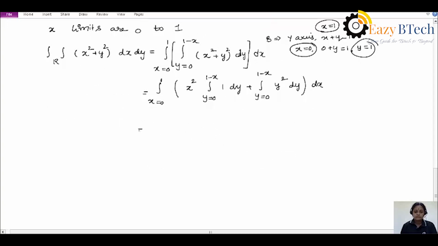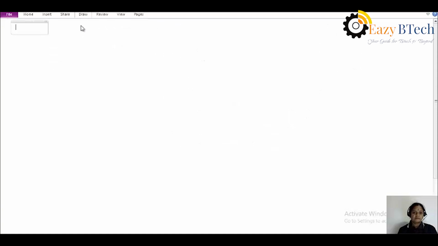This is equal to integral x from 0 to 1 of x square times, 1 dy is y from 0 to 1 minus x, and the integration of y square is y cubed by 3 from 0 to 1 minus x, dx. Integral x from 0 to 1 of x square into 1 minus x, plus 1 by 3 into 1 minus x whole cubed dx.